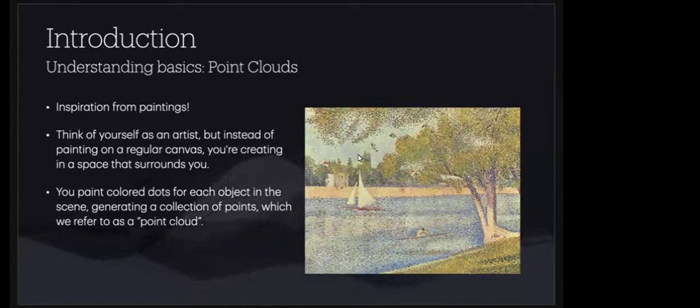You make sure you capture whatever scenery you have, and you paint colored dots for each object in the scene. When you do that, you're generating a collection of points, which we will refer to as a point cloud. Just to give an example, that's the image you will see if you're just putting it as points in your scenery.